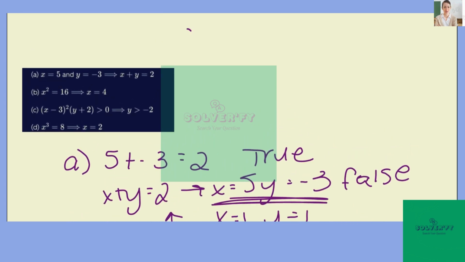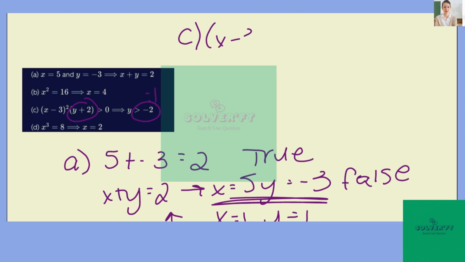For C, we're going to say that if x minus 3 squared times y plus 2 is greater than 0, then y has to be greater than -2. We know that if y is greater than -2, it's going to make this a positive number. Let's plug in a number that's greater than -2, let's say -1.